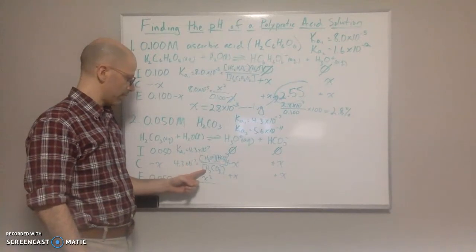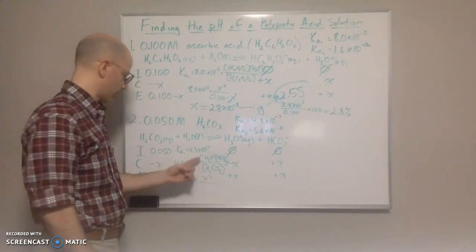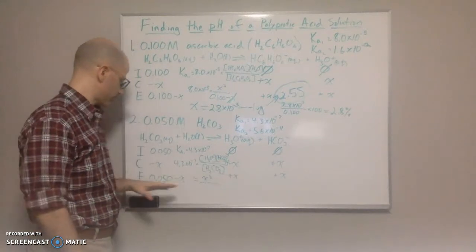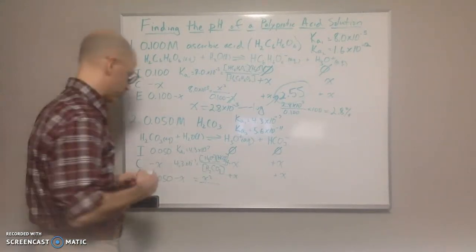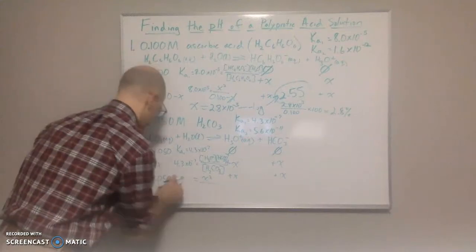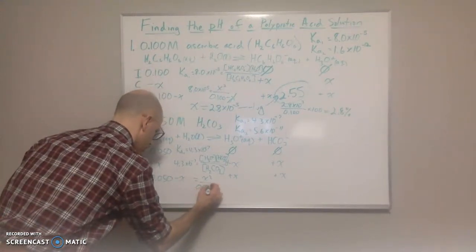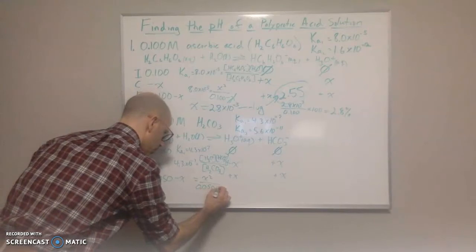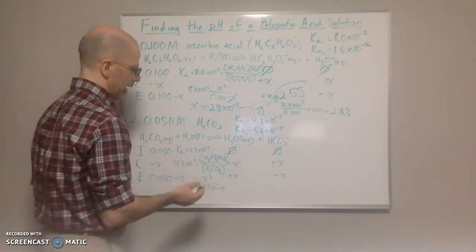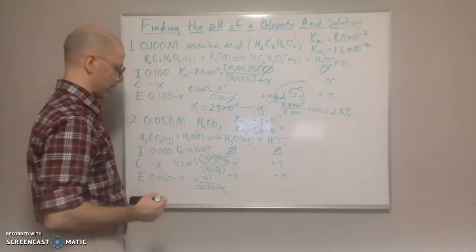And then all I'm going to do is substitute the X values for my equilibrium concentrations. So these are X times X, which is X squared. And then this gets put here, so it's 0.050 minus X. And so we'll do the x is too small approximation, and we'll test that to see if it's valid later.